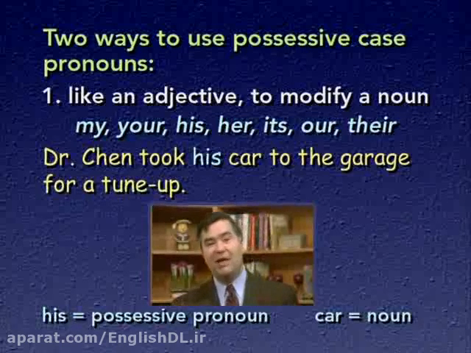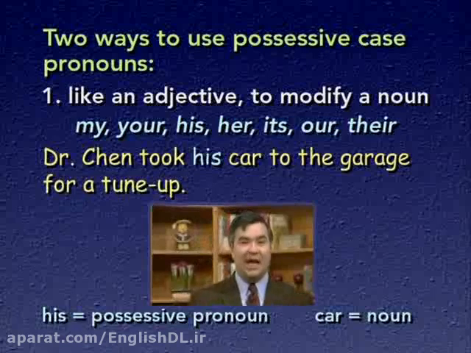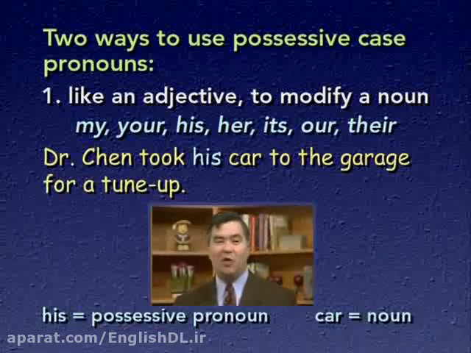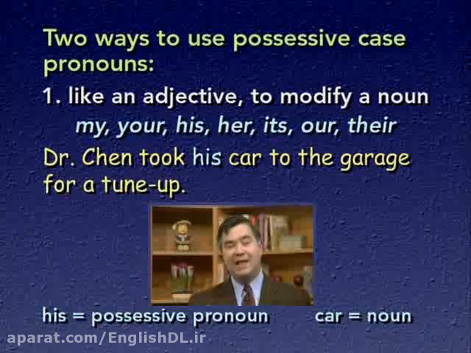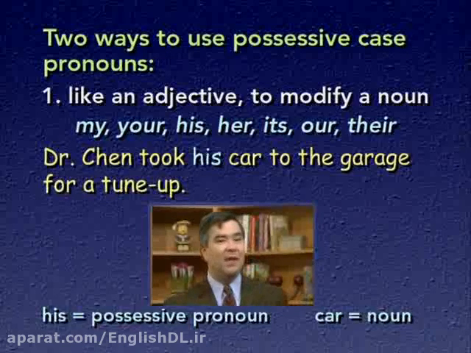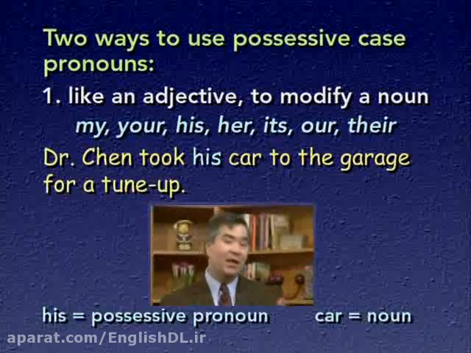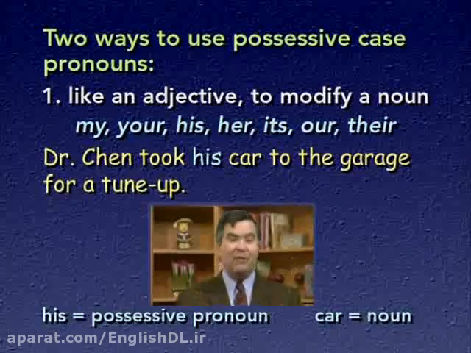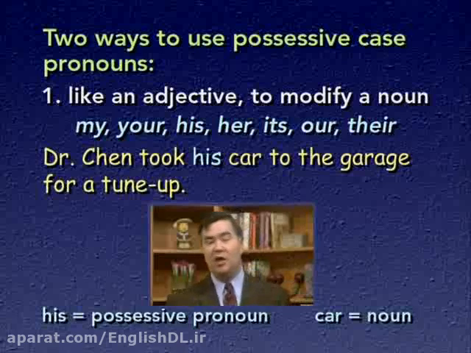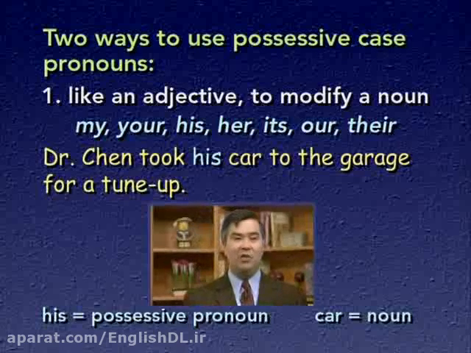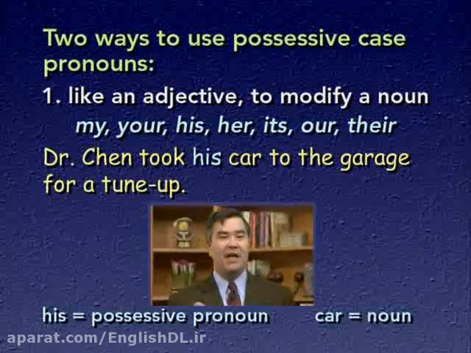His is a pronoun that refers back to Dr. Chen, and it's a possessive pronoun because it shows Dr. Chen's possession or ownership of the car. And in this case, his is being used very much as an adjective. It gives a little more information about the car. What kind of car? Whose car? It was his car, Dr. Chen's car. So his, in this case, is a possessive pronoun being used as an adjective to modify the noun car.